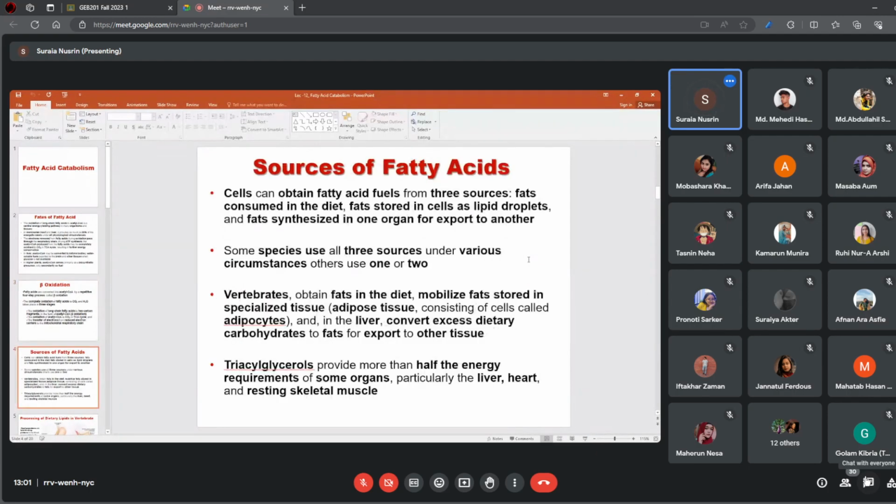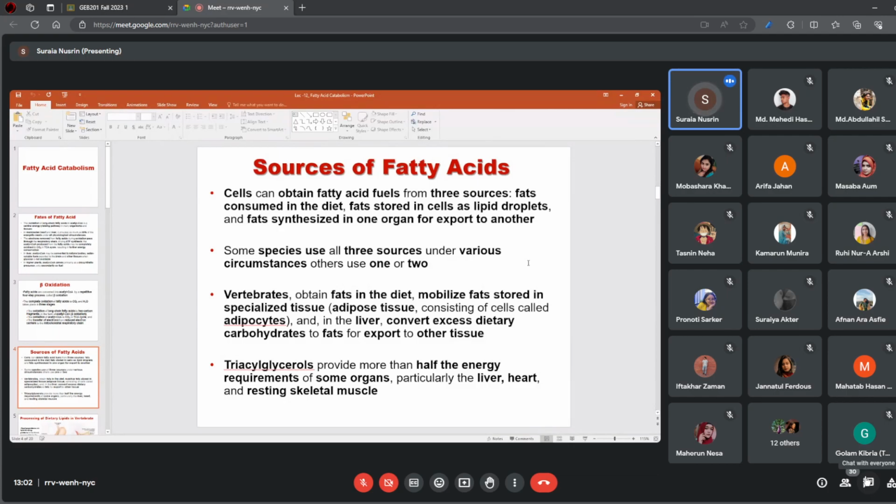Okay, now what are the sources of fatty acids from where we can get the fatty acids? So actually there are three sources. We can get the fatty acids from our diet. Same way we learned in case of glucose, if you remember, the feeder pathways from dietary carbohydrate, storage carbohydrate. That's the same thing here.